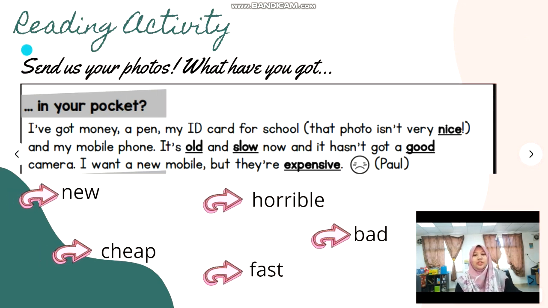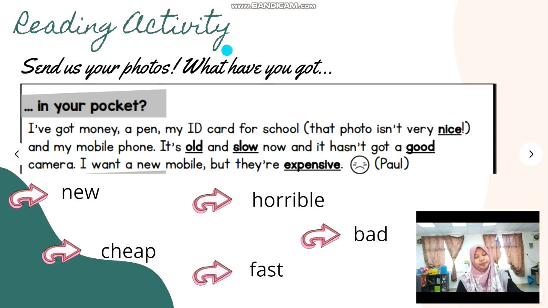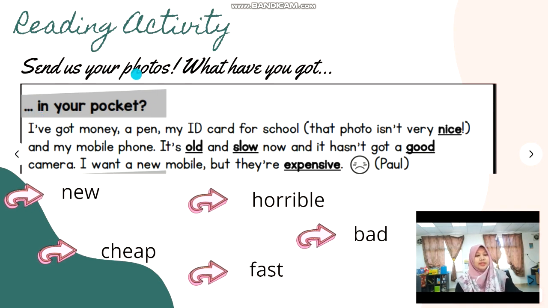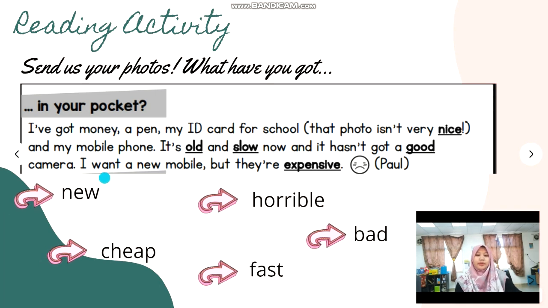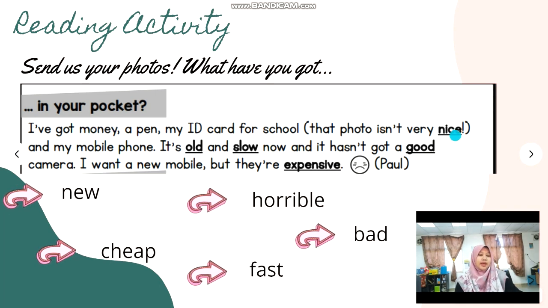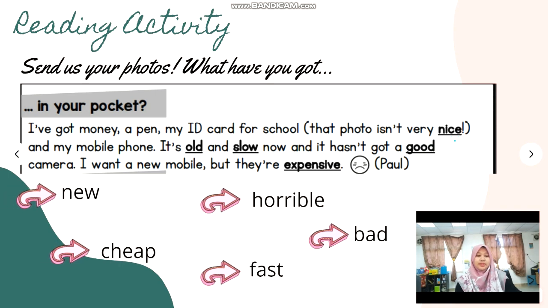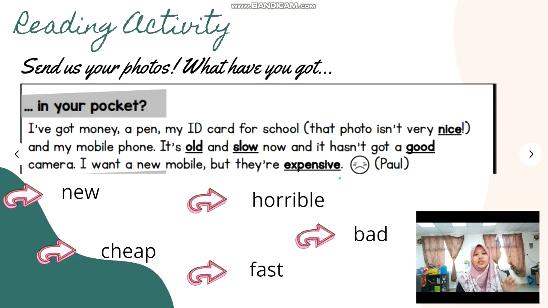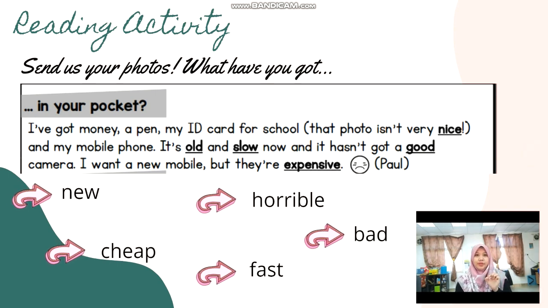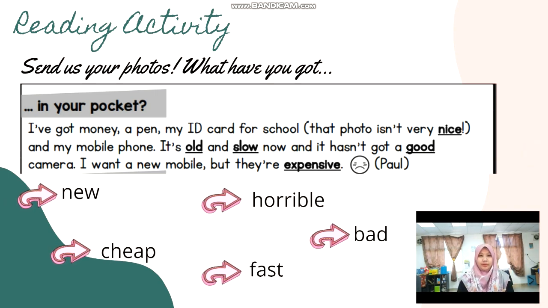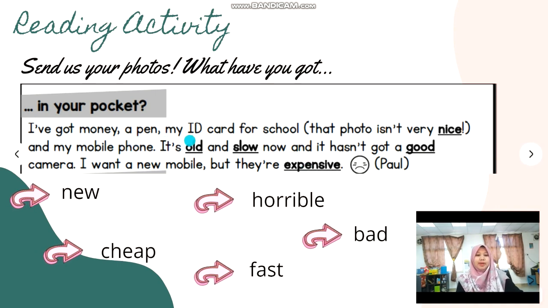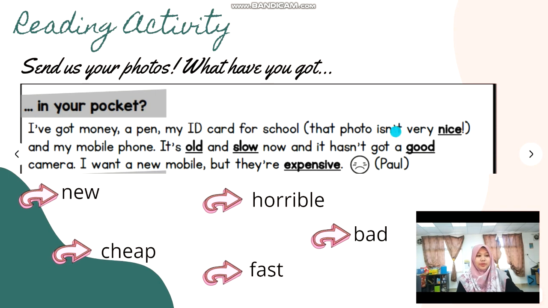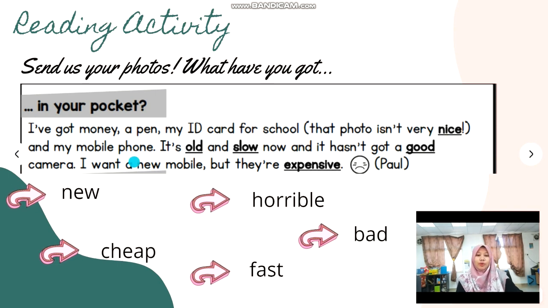Now we are going to look at our reading activity. So this is the text that you are going to refer to. You have to change these bold, underlined words into their opposite meaning. For example, small, the opposite would be big. I've got money, a pen, my ID card for school, that photo isn't very nice, and my mobile phone.